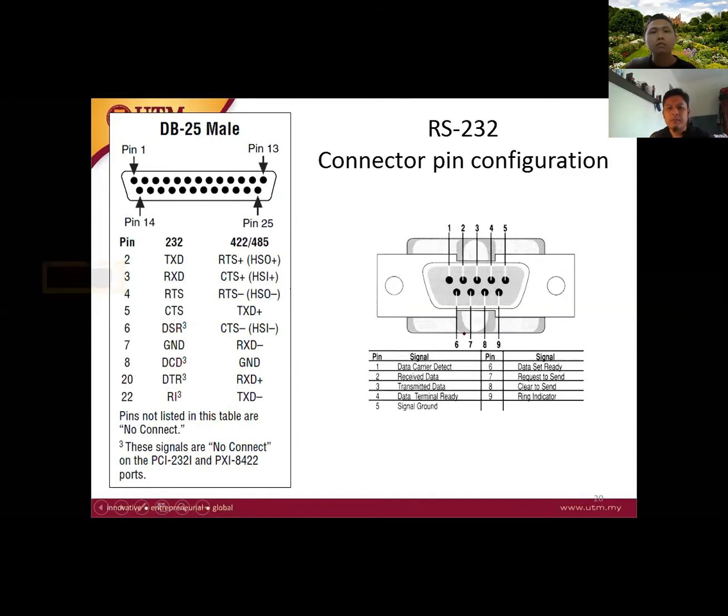Basically, they are number 1, data carrier detect, receiver data, transmitter data, terminal ready, signal ground, data set ready, request to send, clear to send, and ring indicator. But in the practical application, we don't usually use all the pins. There are only a few important pins that are utilized in a certain application of RS232. Okay.